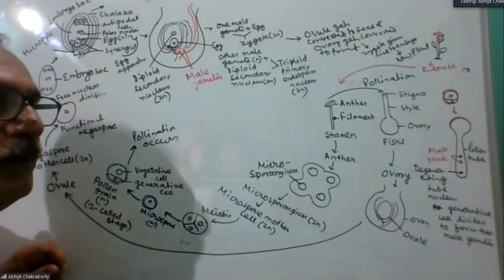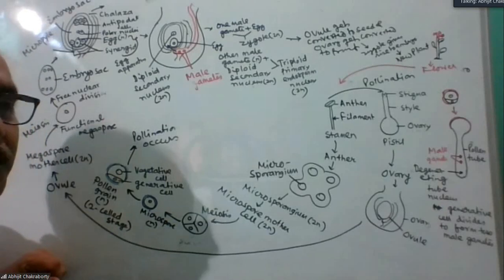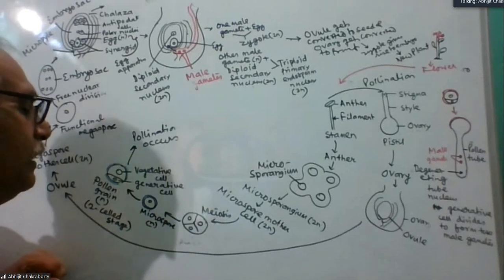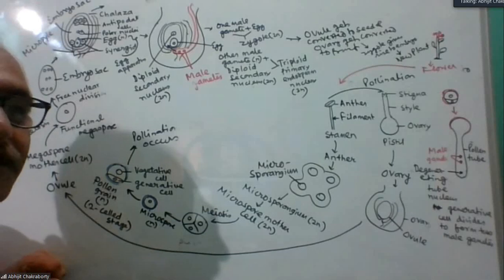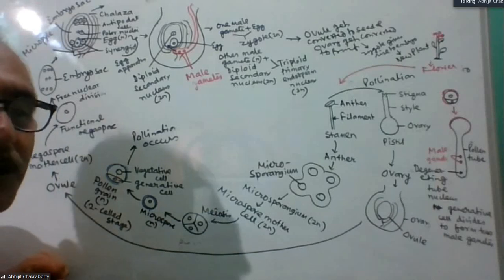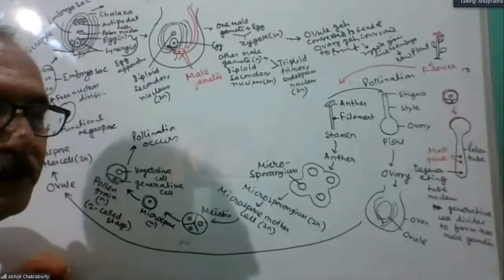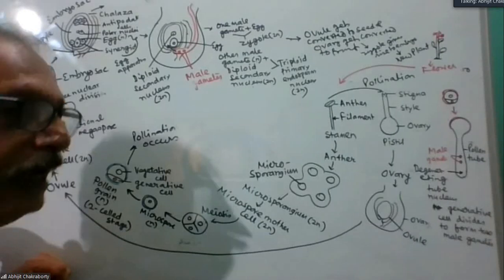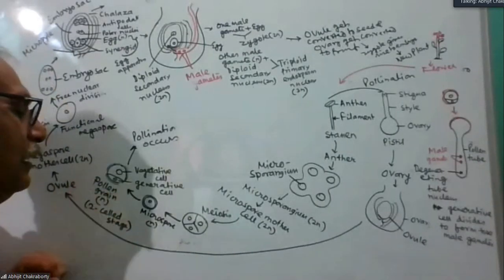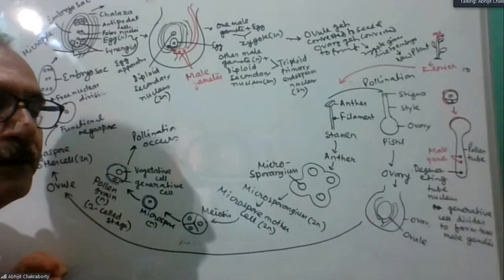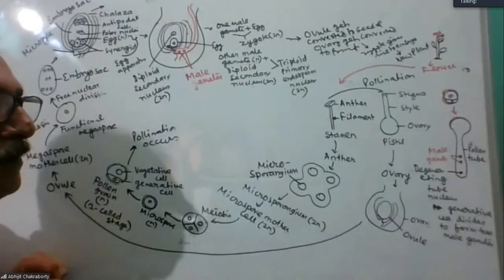An unequal or dissimilar division occurs, producing one vegetative cell and one generative cell. The vegetative cell is larger, the generative cell is smaller.